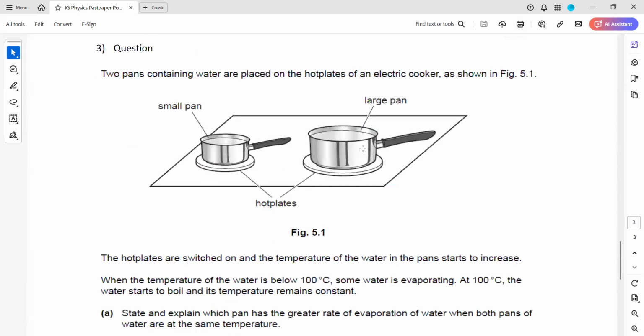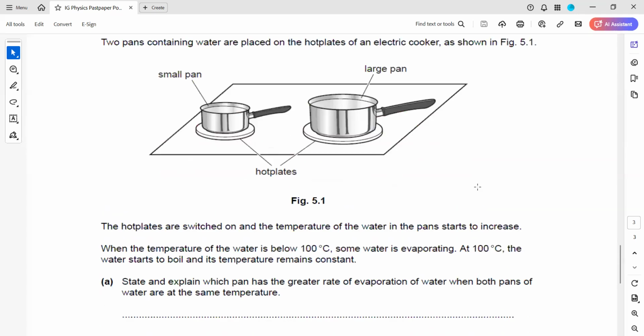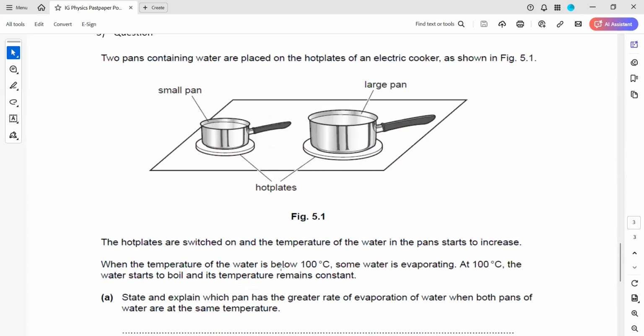Next question 3. Two pans containing water are placed on a hot plate of an electric cooker as shown in figure 5.1. The hot plates are switched on and the temperature of the water in the pans starts to increase, because the pan will take energy by conduction from the hot plate and then it will transfer that energy to the water, and within the water it will transfer by convection.